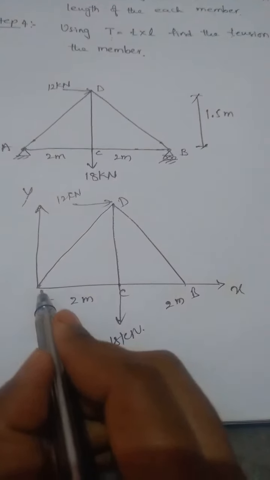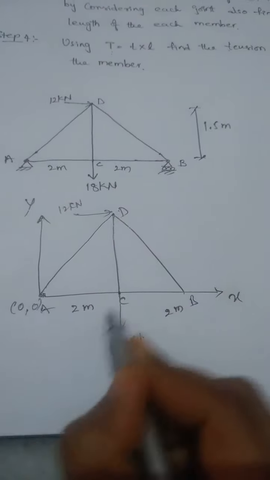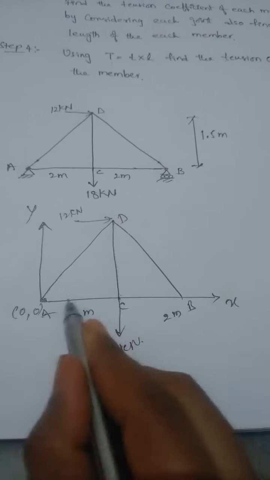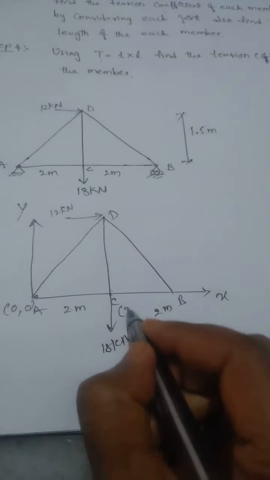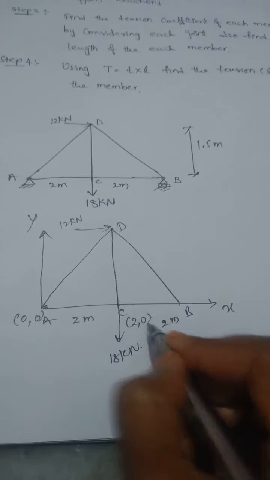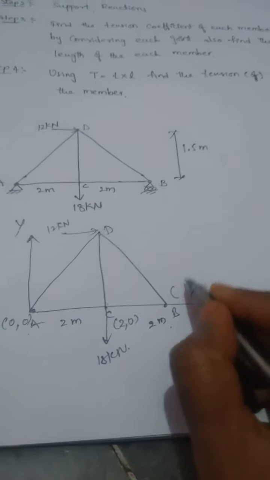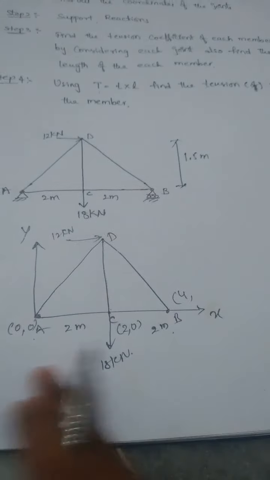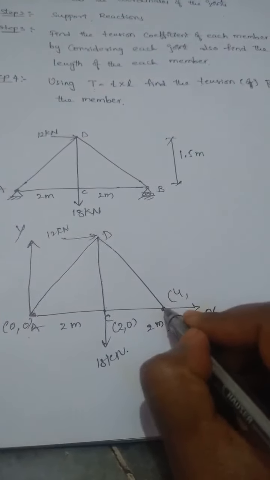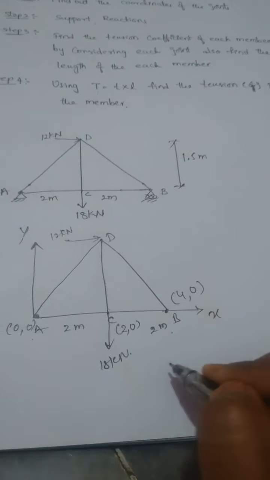So here it is the origin point, so the coordinates will be 0, 0, and at C the horizontal distance is 2 meters, so 2, there is no vertical distance, so y coordinate is 0. At B the horizontal distance is 4 meters, 2 plus 2, and there is no y ordinate as it is acting on the x-axis, the y ordinate will be 0.